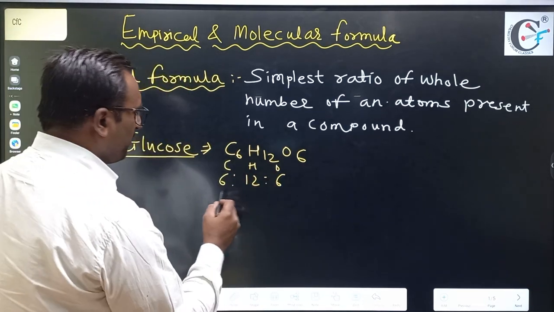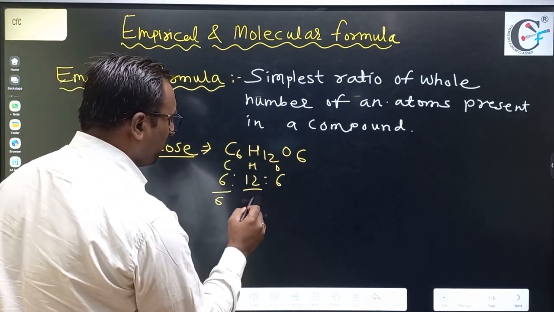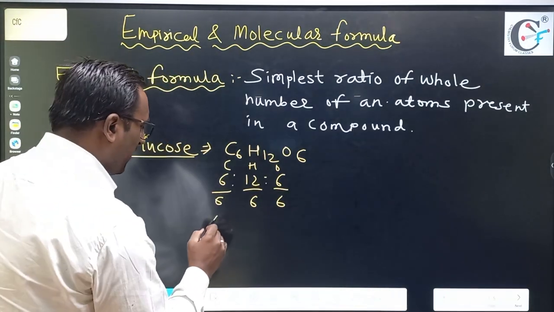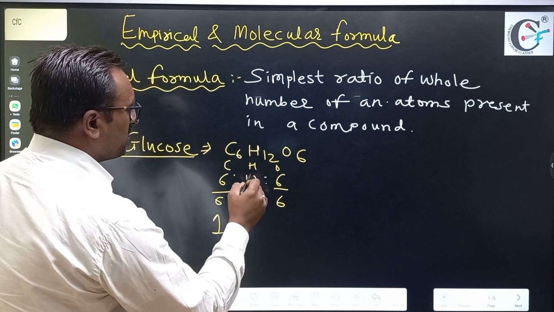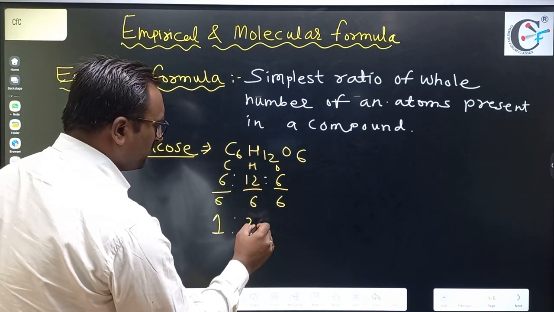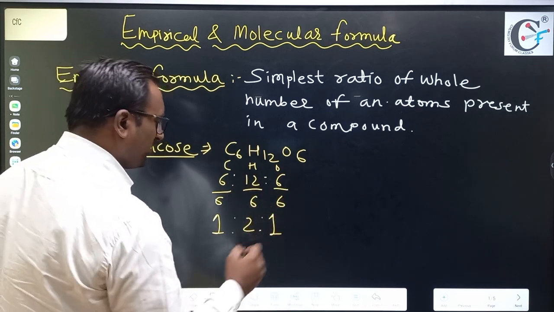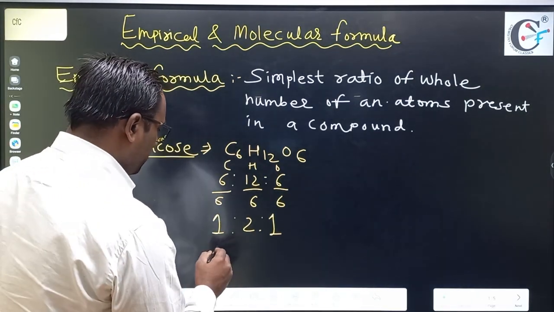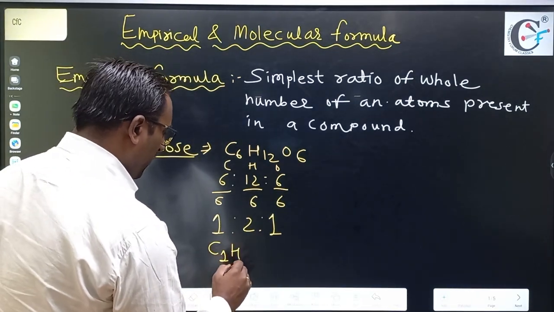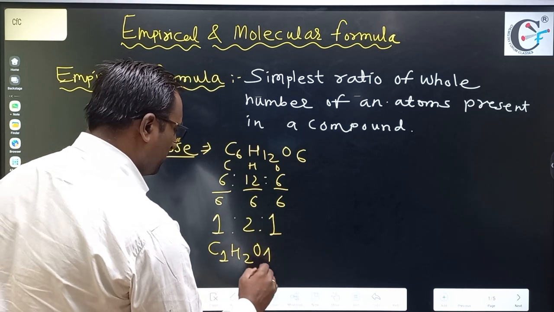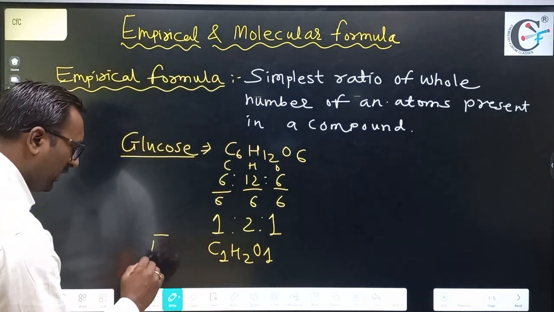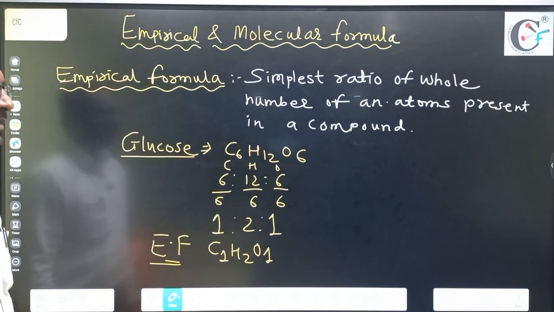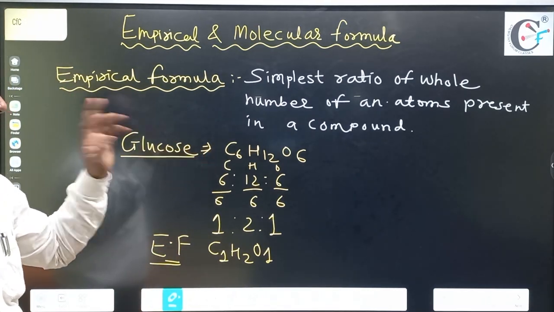The lowest number is 6, so divide by 6. 6 by 6 is 1, 12 divided by 6 is 2, and 6 by 6 is 1. So we have the empirical formula C1H2O1. This is the EF for glucose, and the other is the molecular formula of glucose.